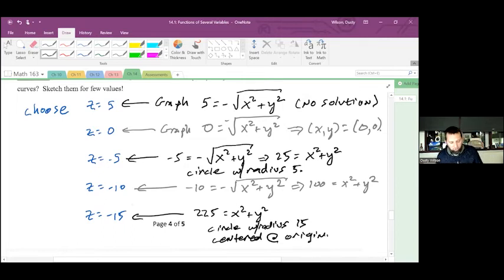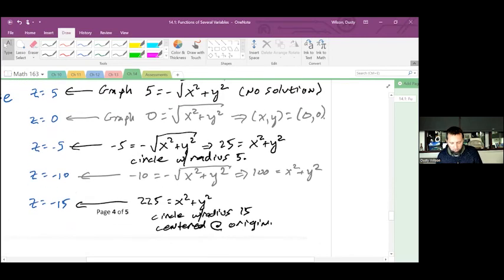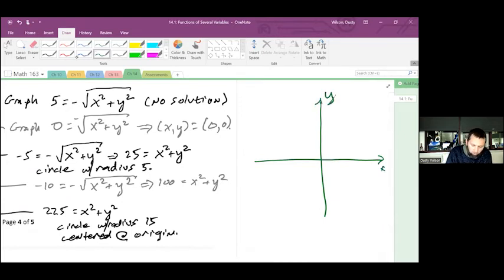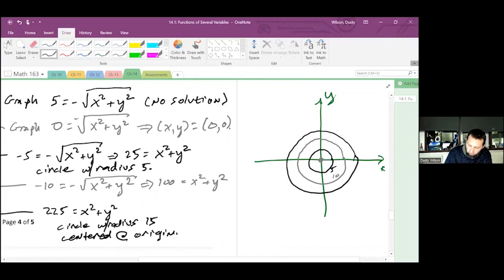So if we wanted to graph all of this, I'm going to go off to the side here. We would have our axes, x and y, and it looks like we want to have concentric circles. So we know right at the origin, there's just a point, and then we're going to come through here at 5, and then come back around, same distance apart, at 10, and then come back around at 15, et cetera.